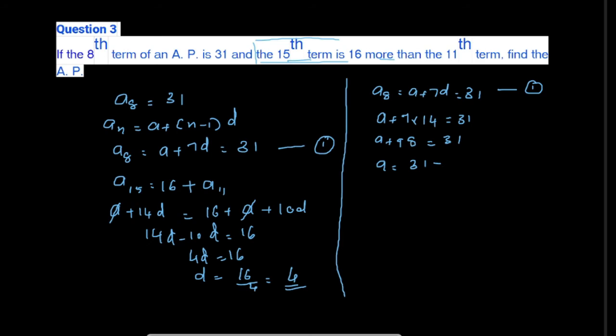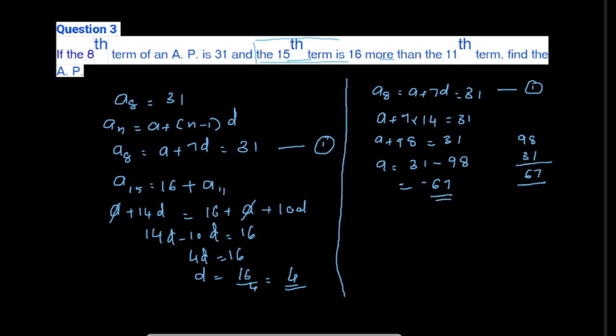So transpose of 98 is minus 98, right? So 31 minus 98. Since 98 is the bigger number, the answer is negative, so it is minus 67. So A is equal to minus 67.